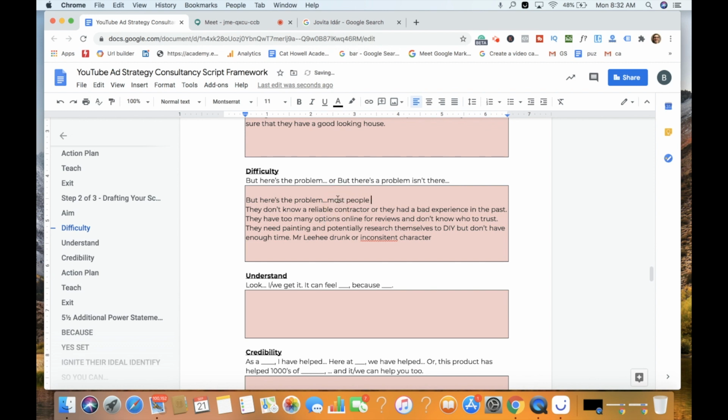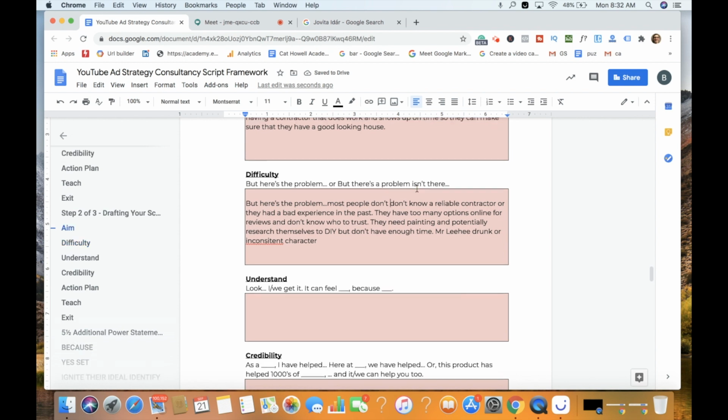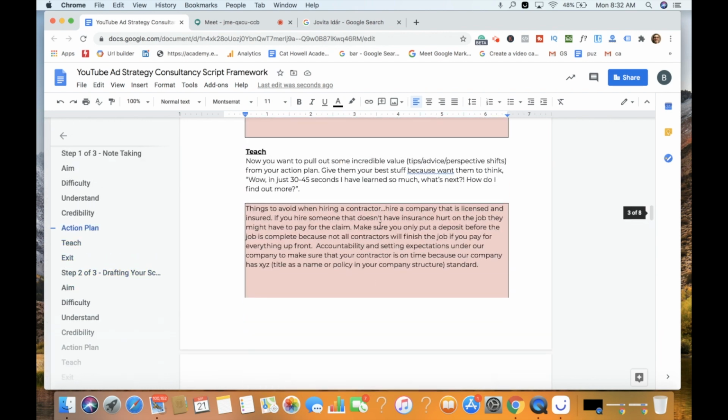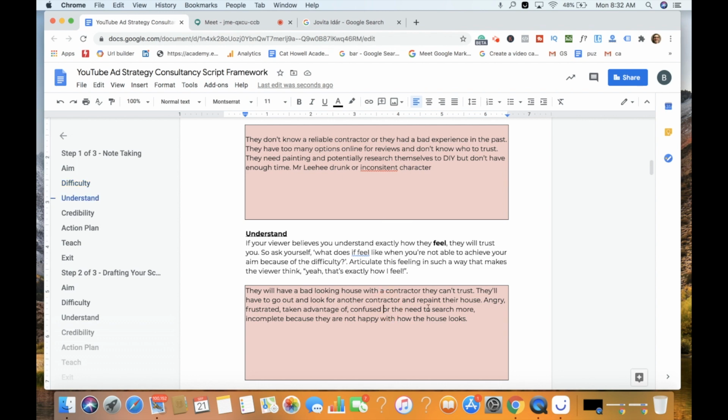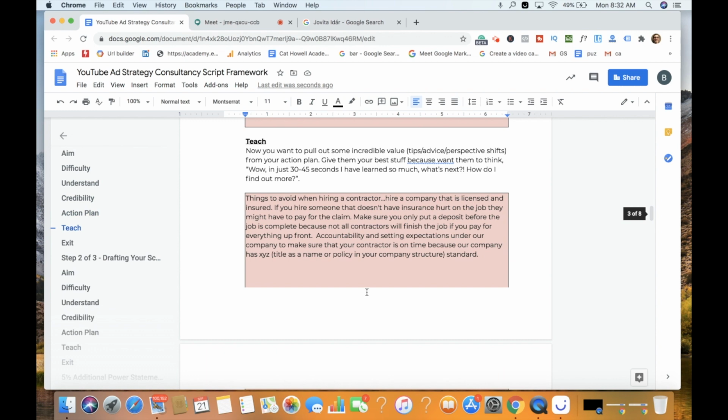Most people don't know a reliable contractor, or they had a bad experience in the past. They have too many options, blah, blah, blah. Then it's like, understand, look, we get it. I can feel because. So then it's going back here and saying, they'll have a bad looking house, whatever. These are all the feelings. So this just maps it out.